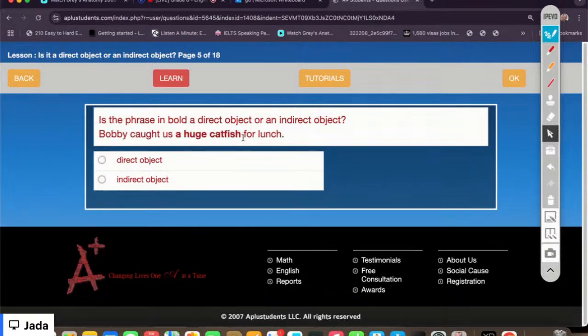Okay. Bobby caught us a huge catfish for lunch.